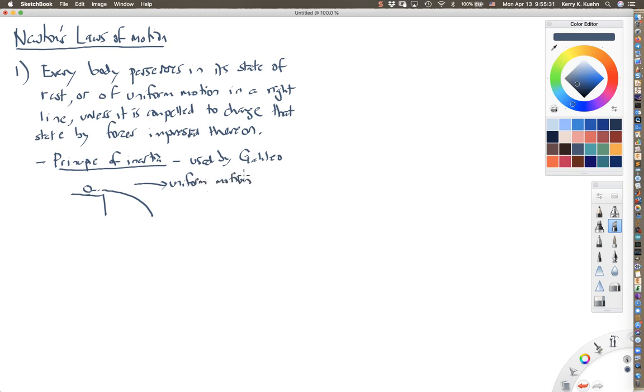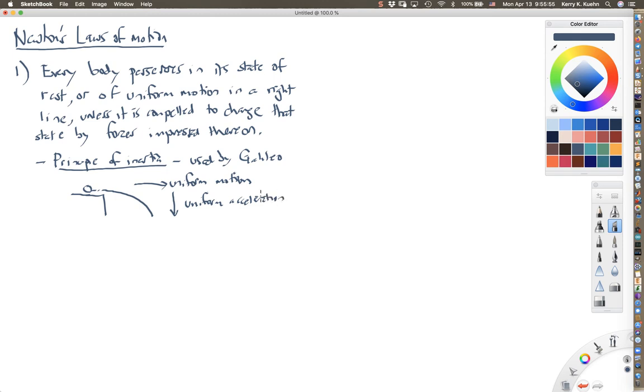And insofar as there is no drag exerted by the air, there is no horizontal impressed force. Therefore, whatever its motion was in the horizontal direction, it simply retains that state of uniform motion. However, in the vertical direction, as Galileo mentioned, it's undergoing uniform acceleration.